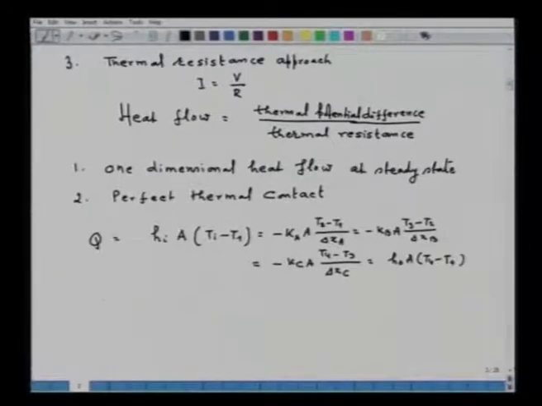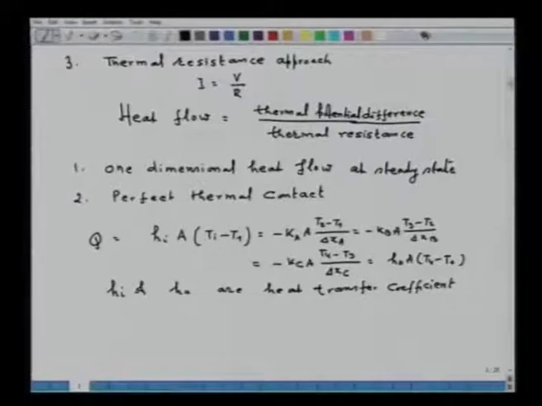Now note here Hi and H0 are heat transfer coefficients. Now this Hi is the heat transfer coefficient from the combustion chamber to the wall of the composite material facing the combustion chamber.